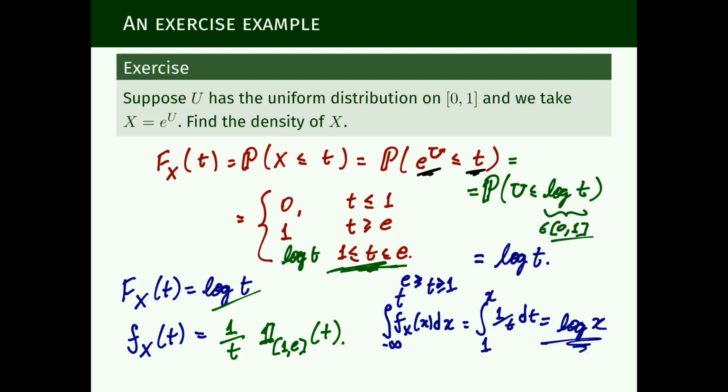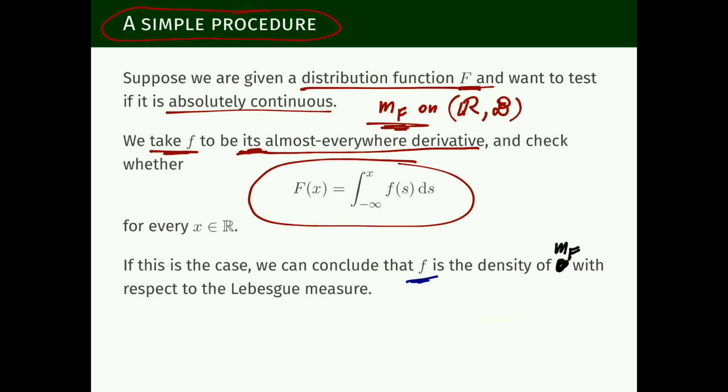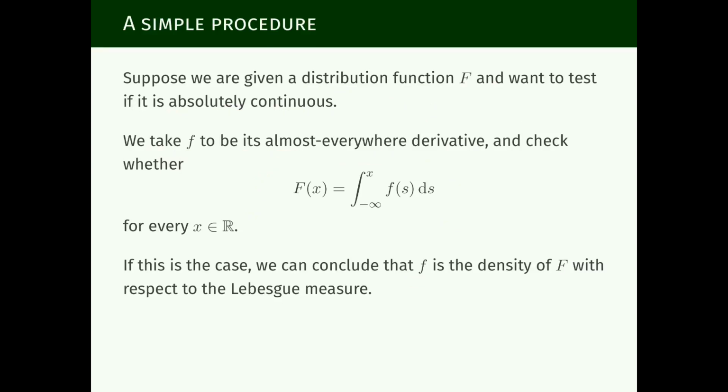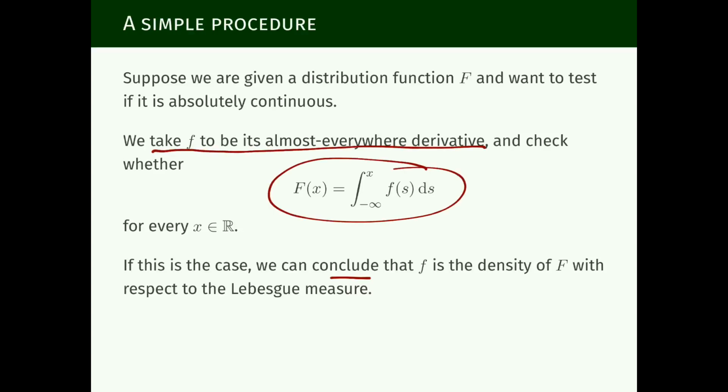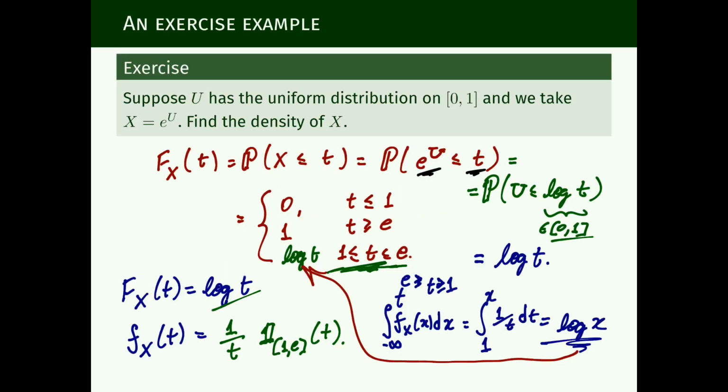What we had where exactly? Well, this is our function F. If we go back to what we said before in the previous part of this video lecture, we compute the derivative and check whether this holds. And this is what we just did.